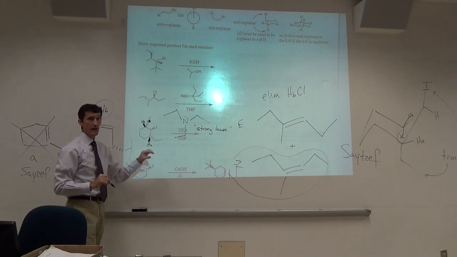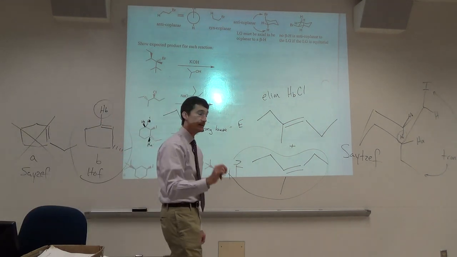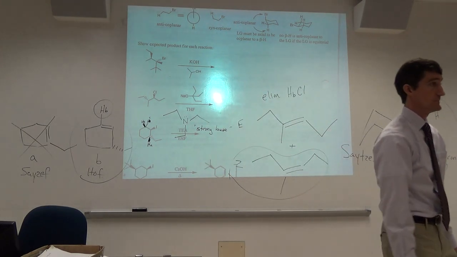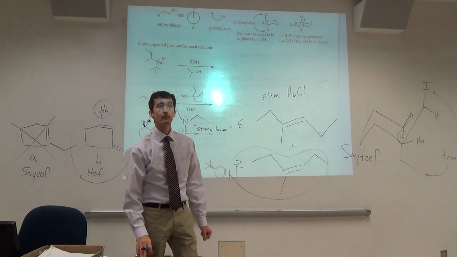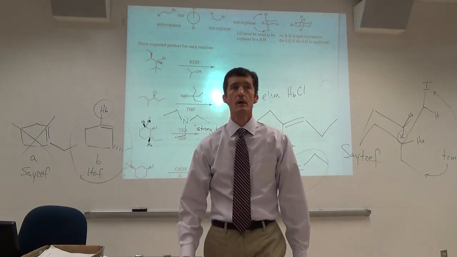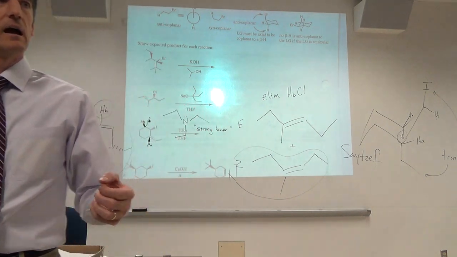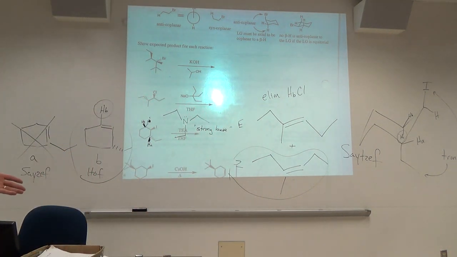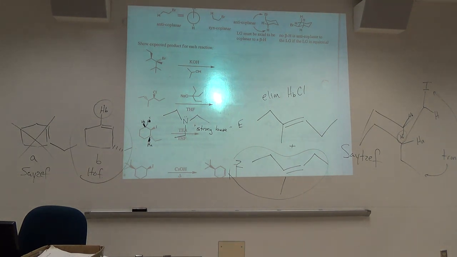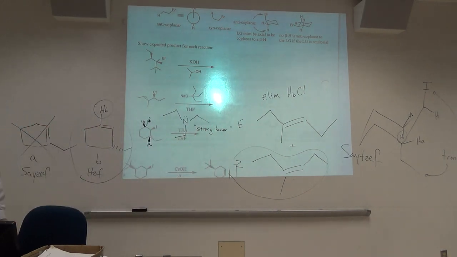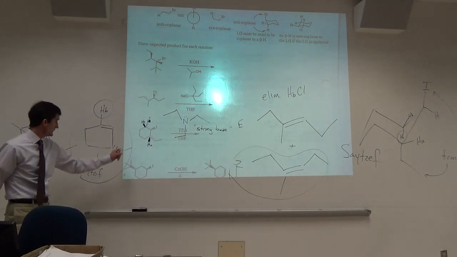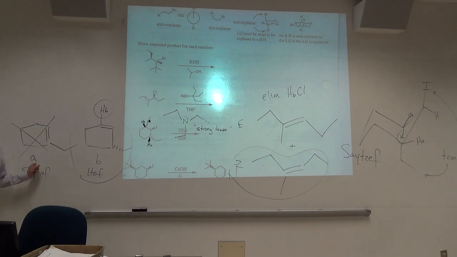HC is the only H of the three that is anticoplanar to the leaving group. But isn't that what we were looking for? Didn't we start off by saying the H has to be anticoplanar to the leaving group? So doesn't it make sense to find which one is? That's all we did there. This reaction gives the Hofmann product, because it can't give the same set because the H will never be anticoplanar.